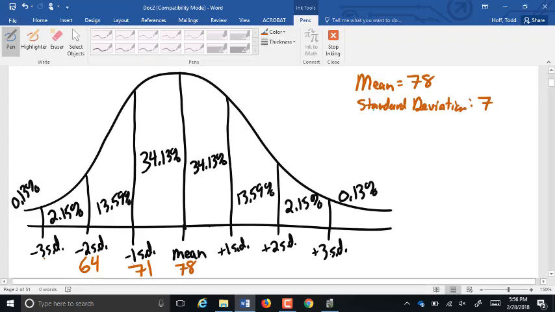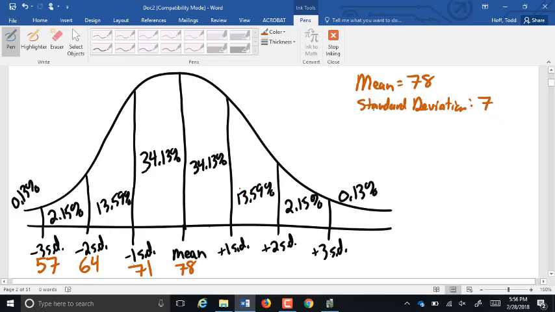The next one down is 64 minus another 7, which would be 57. Each step is going down by 1 standard deviation. The standard deviation here is 7, so each step is subtracting 7.